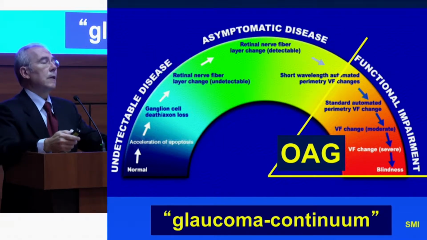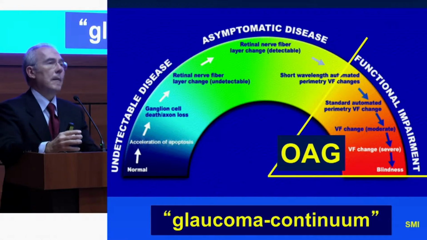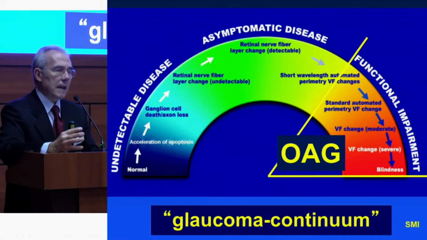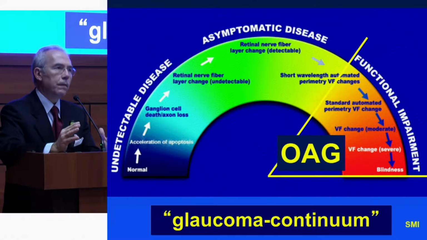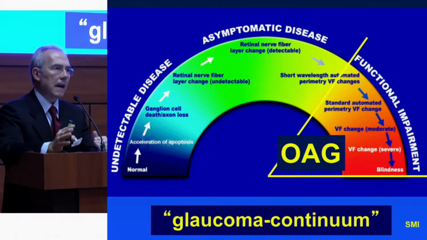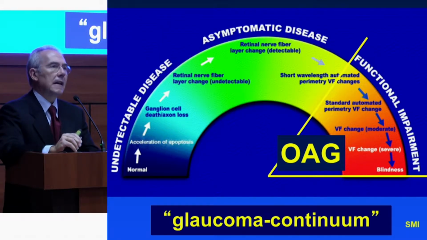First of all, we have been taught that in glaucoma, when we talk about diagnosis, we always have to think about structure and function. We cannot think only about function or only about structure, because the two issues are strictly related.